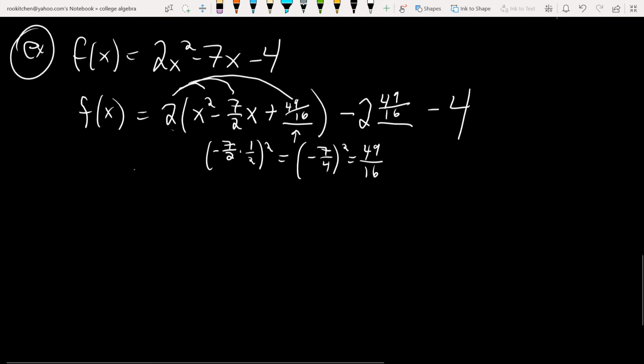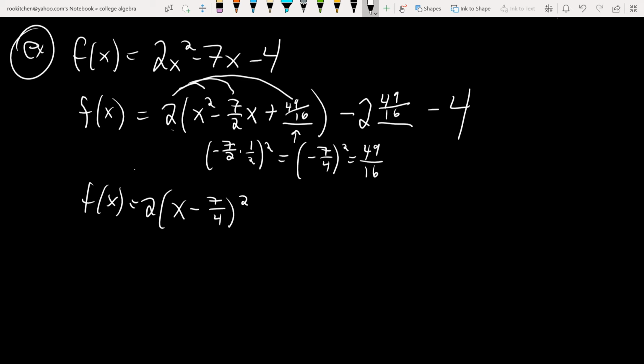So f of x will equal 2 times x minus 7 fourths squared minus this thing, 49 eighths. 4 is the same as 4 over 1. And then I can find a common denominator and multiply top and bottom by 8.